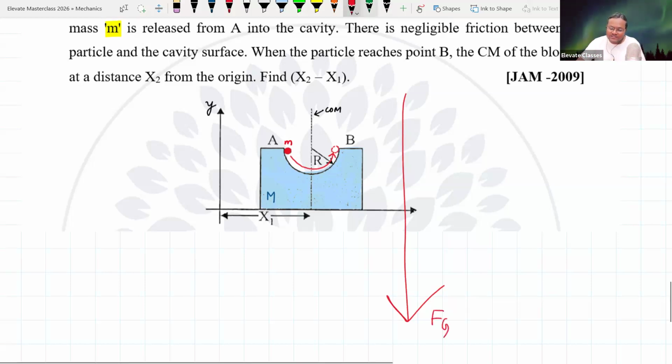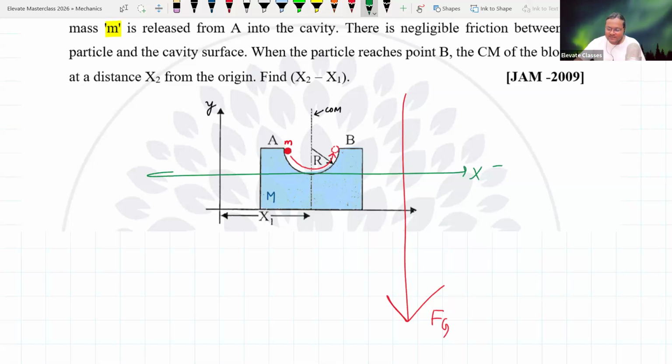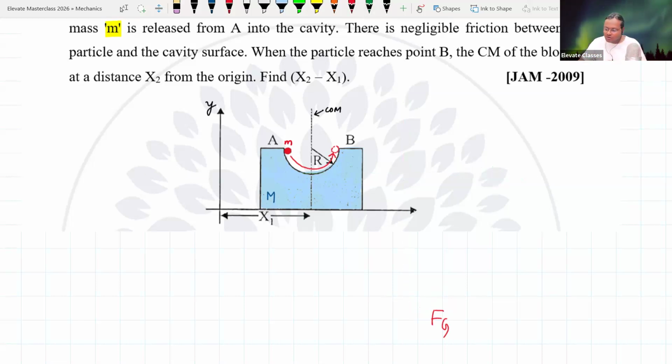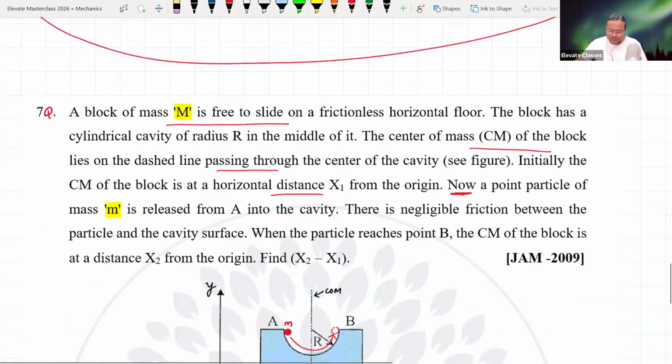But there is no force along the x-axis. Fx is equal to 0. And because there is no force along the x-axis, the overall center of mass of the combined system will be a constant during the entire process of motion. So both the bodies will keep on moving so that the overall center of mass remains constant with respect to time. That is the basic concept here. If we use this concept, we can easily solve it. Not a problem.